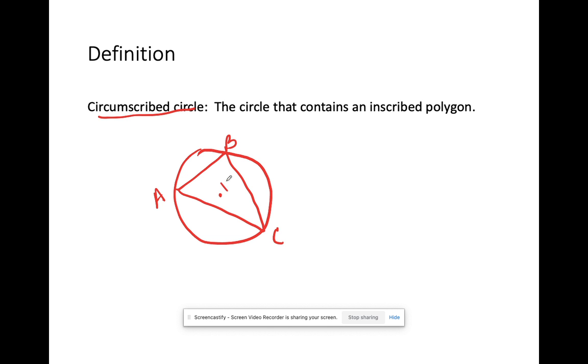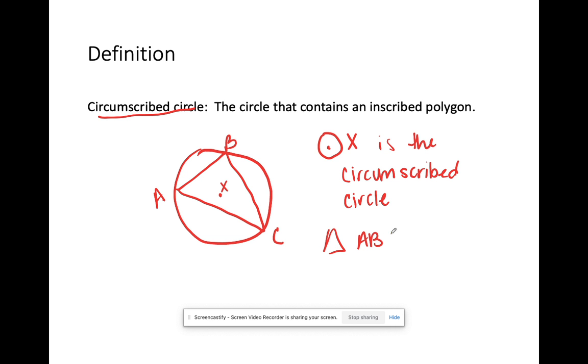If I call this point in the middle here X, for example, I could say that circle X is the circumscribed circle. Triangle ABC is the inscribed polygon, or in this case, inscribed triangle.